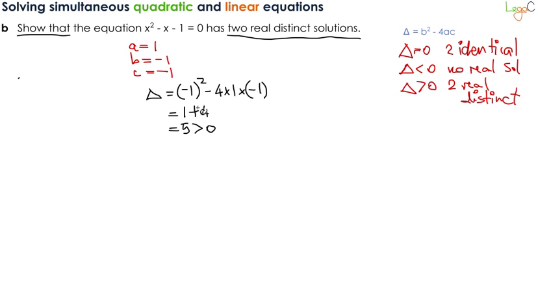So we've actually shown that the discriminant of this equation is greater than 0, from which we can conclude that x squared minus x minus 1 equals 0 has two real distinct solutions.